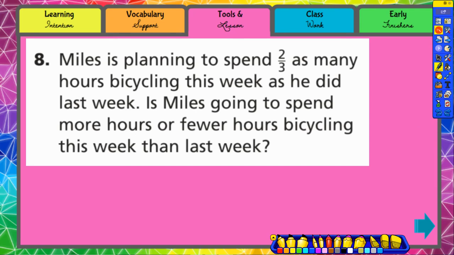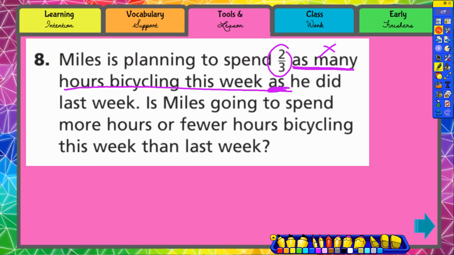All right, I'm hoping that you were thinking that there's definitely something missing in this problem, because I certainly was when I read it, okay? Well, I know that Miles is going to spend 2/3 as many hours bicycling this week as last week. So I know that this is multiplication, and I'm hoping that you saw that too, because we talked about this a lot last week.